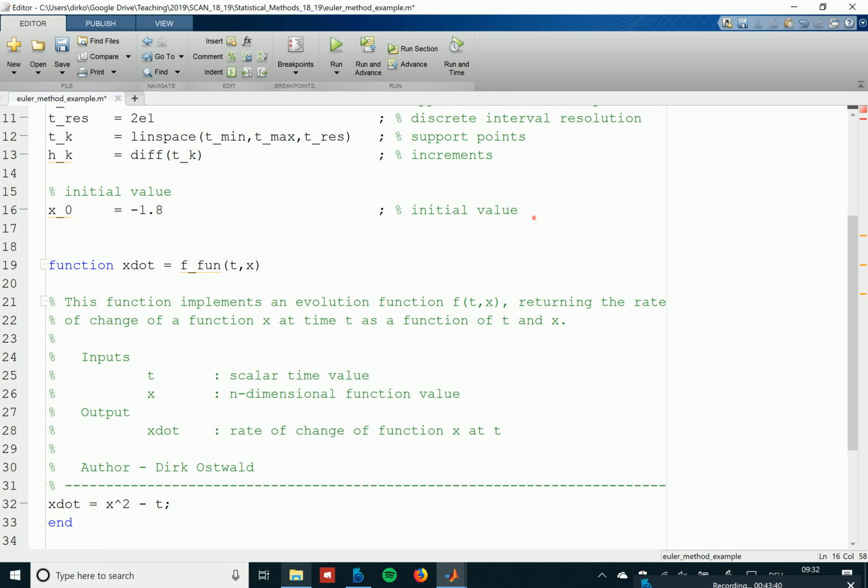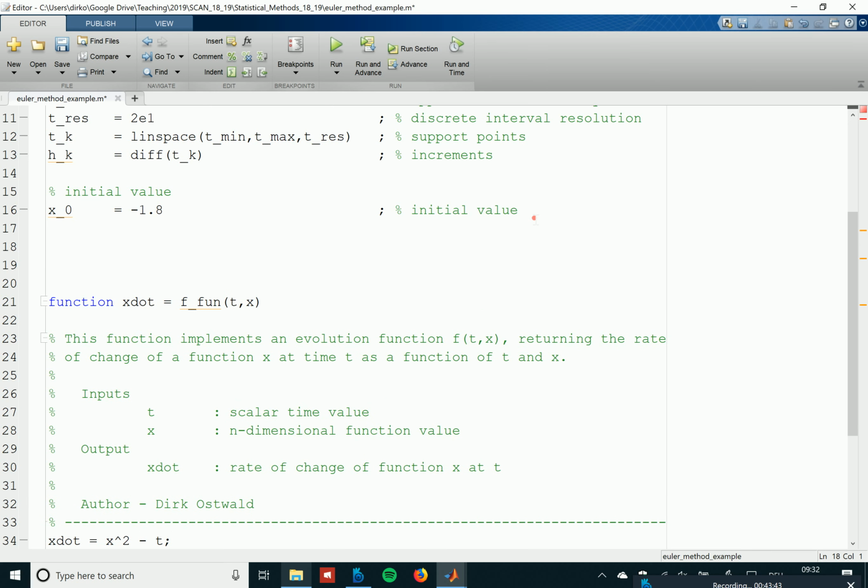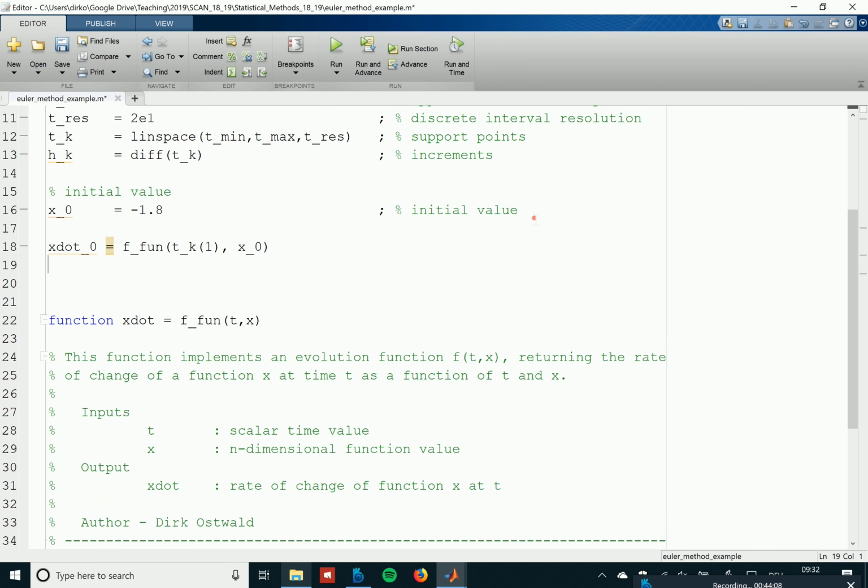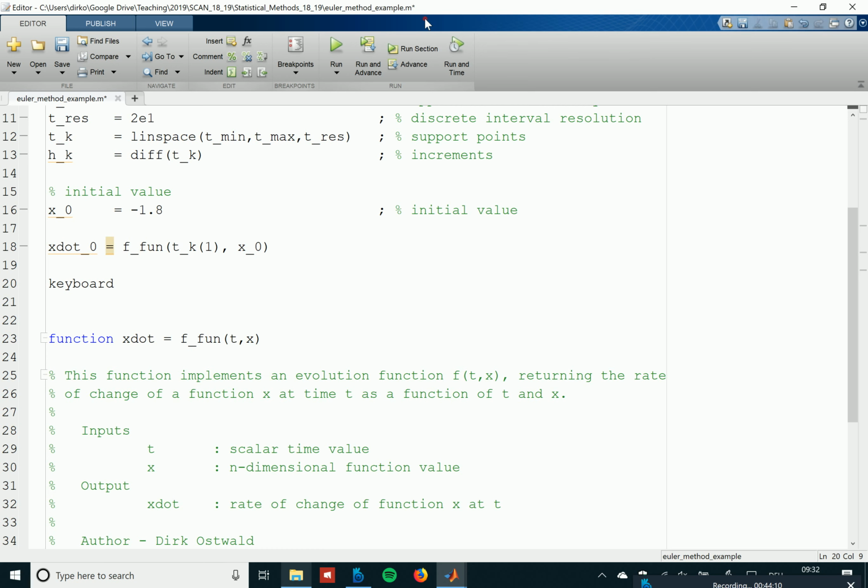So we should now be able to call this function, for example, for our initial value. So let's do an example here. x dot 0, something like this, is our tk1 and x0, just to see whether we can call it and everything works.